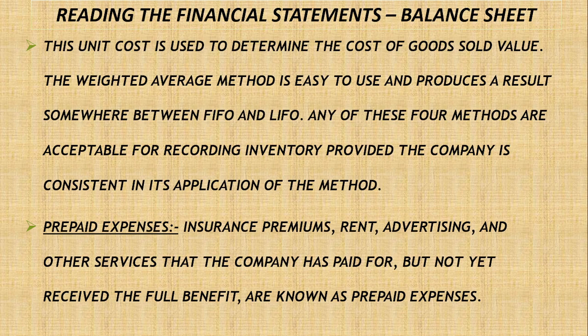The weighted average method is easy to use and produces a result somewhere between FIFO and LIFO. Any of these four methods are acceptable for recording inventory, provided the company is consistent in its application of the method.